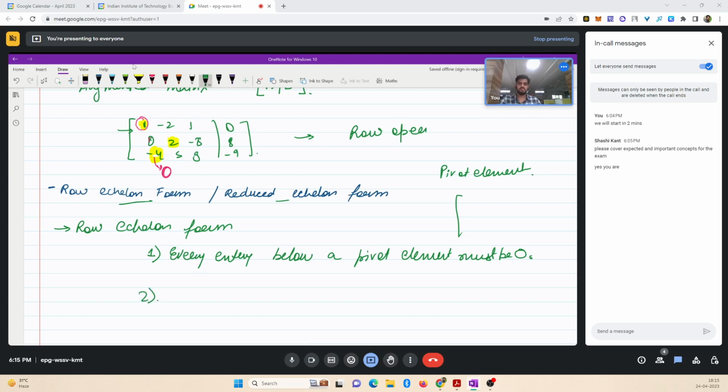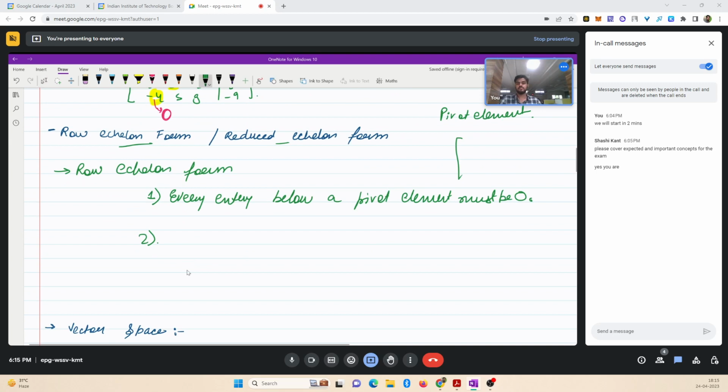Second rule is, let's say you have a matrix, right? And you have some rows. Let's say this particular row, ith row, every element below the pivot is 0, right? This is the first rule.